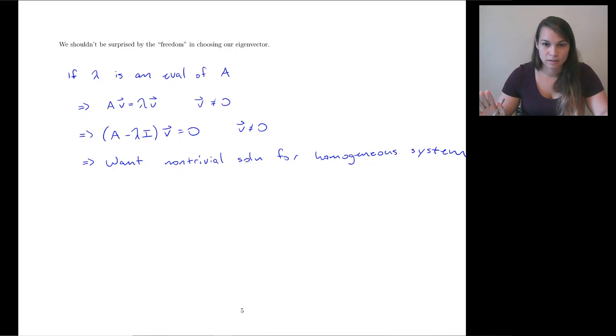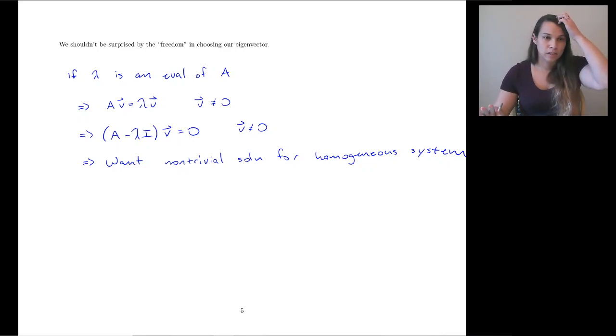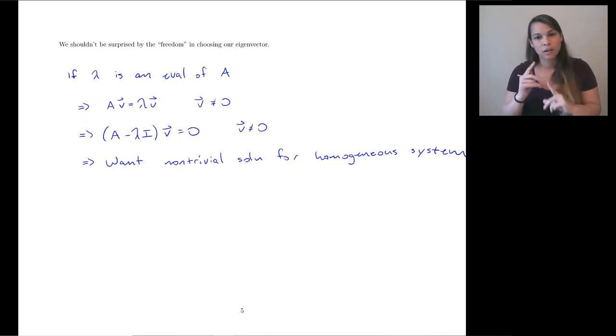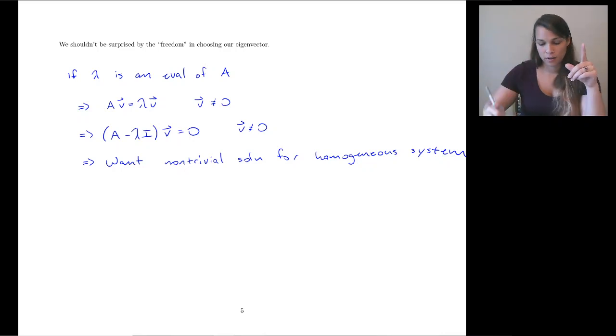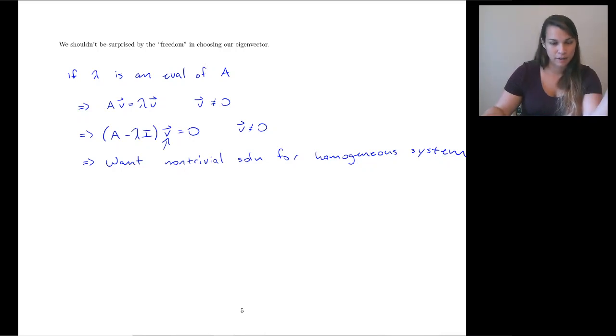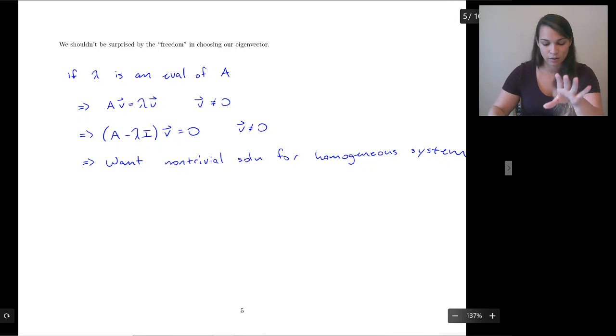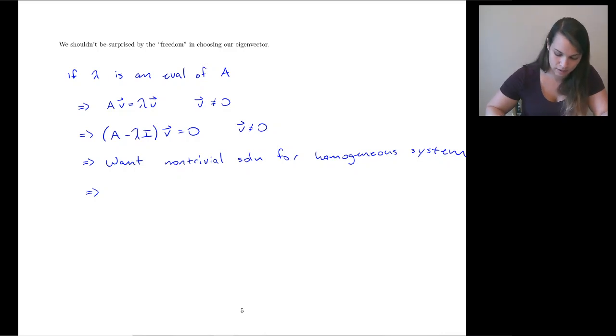Another way to think of this: since we are looking for infinitely many solutions, remember you're looking for the set of vectors such that the matrix times v equals 0. We had a special name for this. What we are looking for is the eigenvectors.